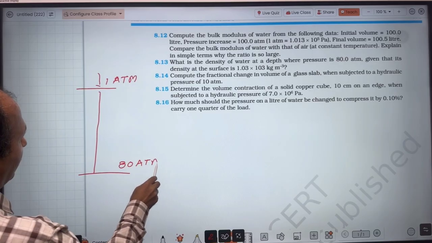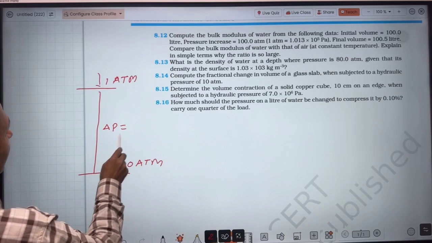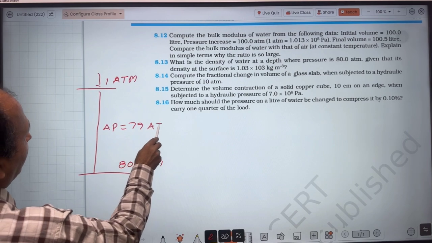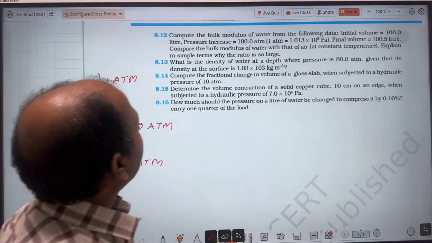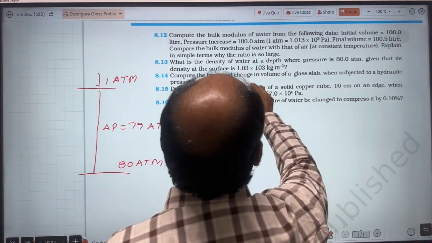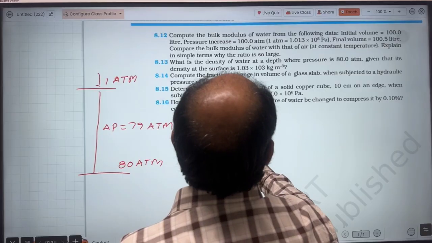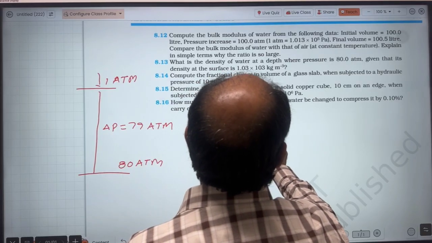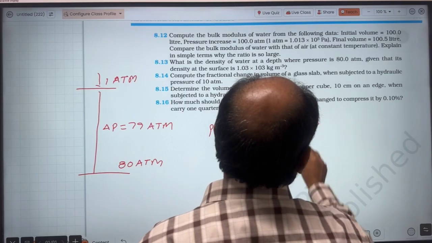Here 80 atm. So pressure difference delta P you can say, 79 atm. Is it okay? So let's gather information first, and after that I will solve it. Density at the surface is given, rho, say 1.03 into 10 to the power 3 kg per meter cube.